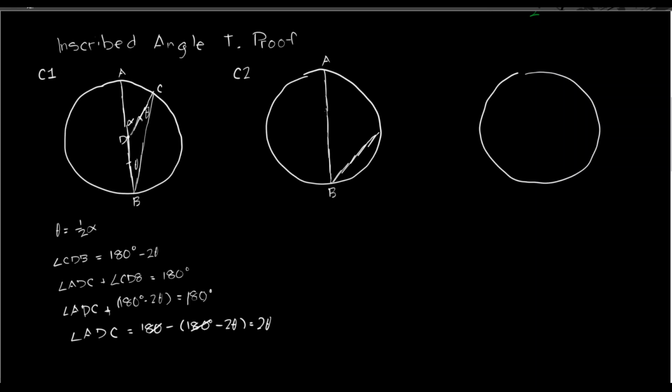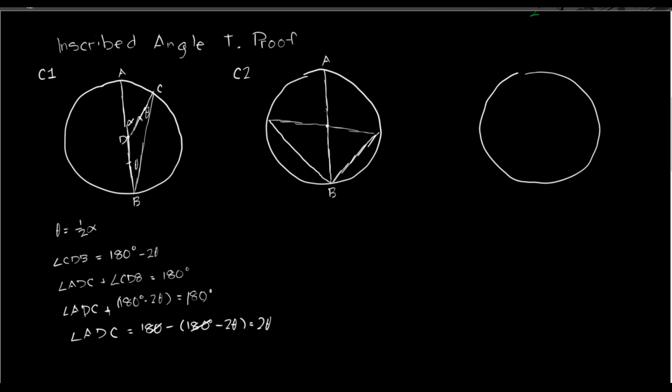And what case 2 checks is when this other arm is on the other side of the diameter. So then the sides of the angle are on different sides of the diameter of the circle. Case 3 will examine when both arms are on the same side or on the same half of the circle, but we'll go into that later. So anyway, let's draw the center of our circle again, and let's create our central angle.